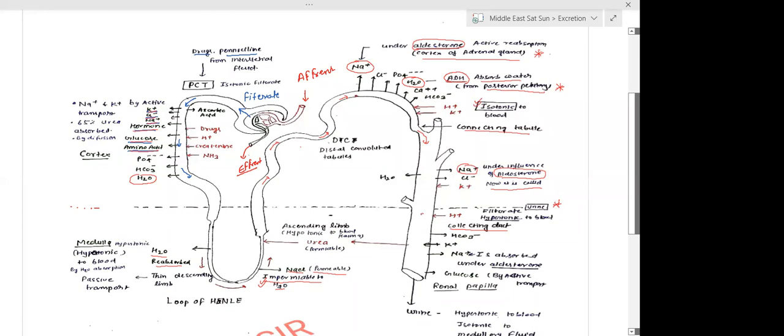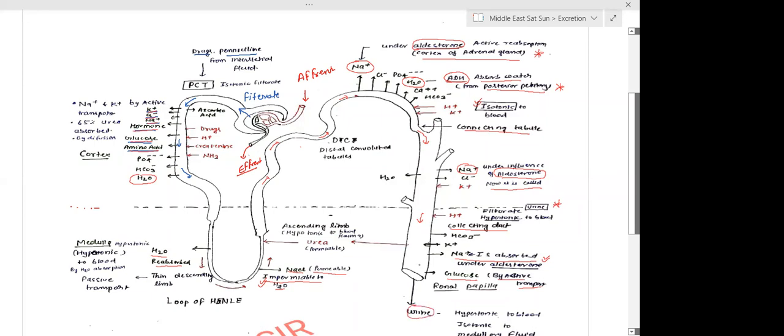Again, the urine is coming over here. From the urine, sodium is absorbed again under the influence of aldosterone. So sodium is absorbed. Glucose is also absorbed by active transport, meaning expenditure of energy. Fine. Now the substance which is coming over here, that is called urine.